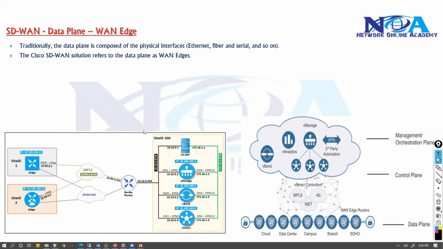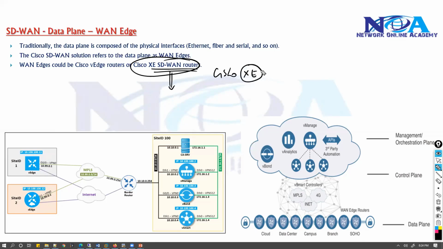So they look after the forwarding job. And these WAN Edge devices could be cloud edge routers, or Cisco XE devices. Cisco has its own IOS XE routers, like Cisco ISR and ASR routers supported for SD-WAN networks. Or it can also use Viptela devices.